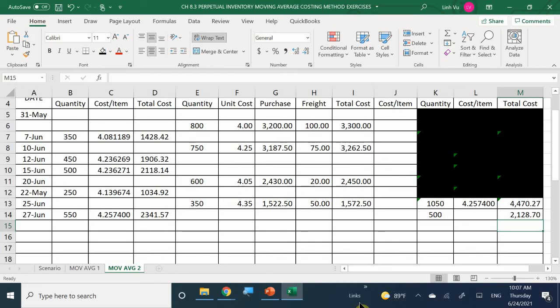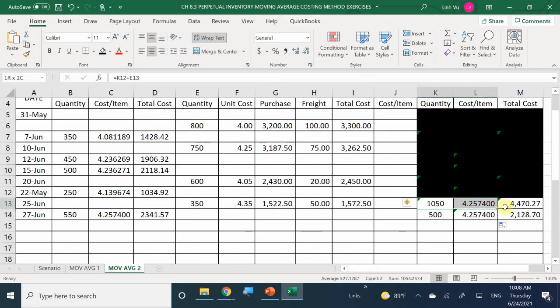Excellent. Okay. Last but not least, then, what is going to be now my new average cost per item? $4.2574. Right, exactly the same.